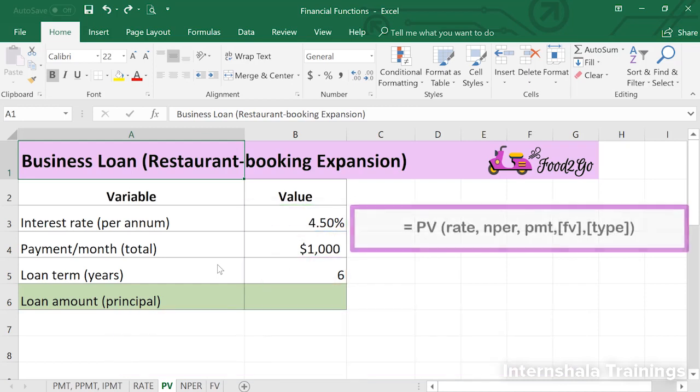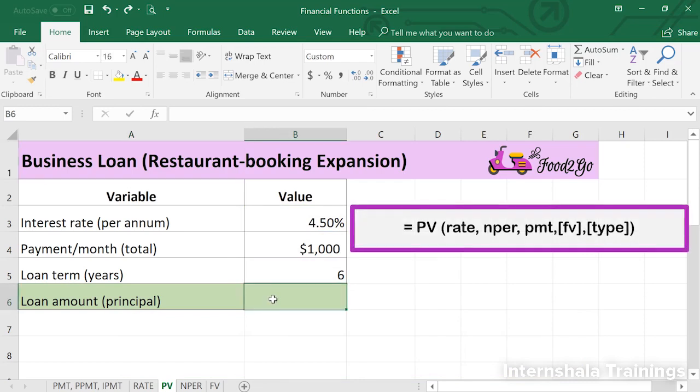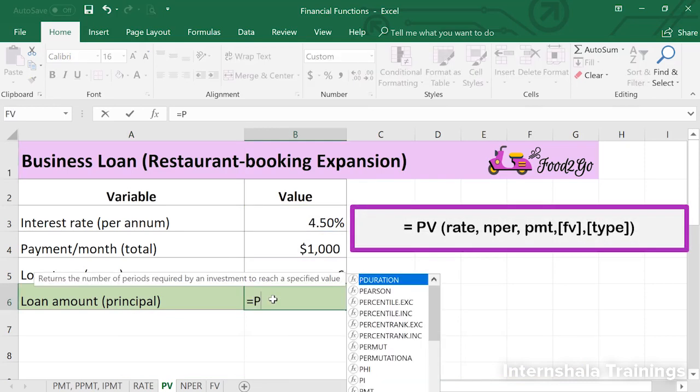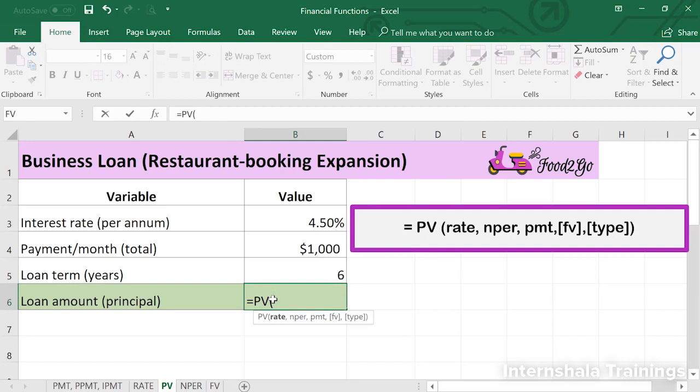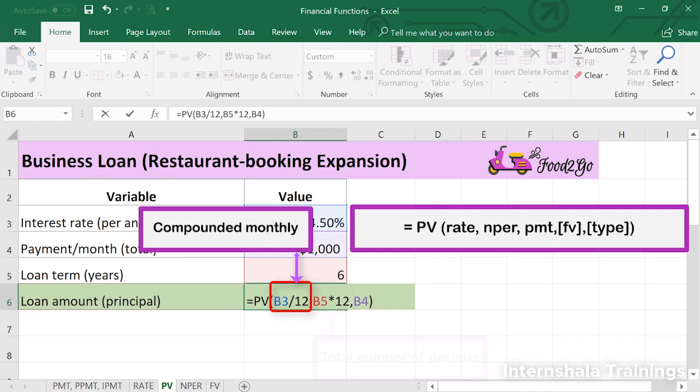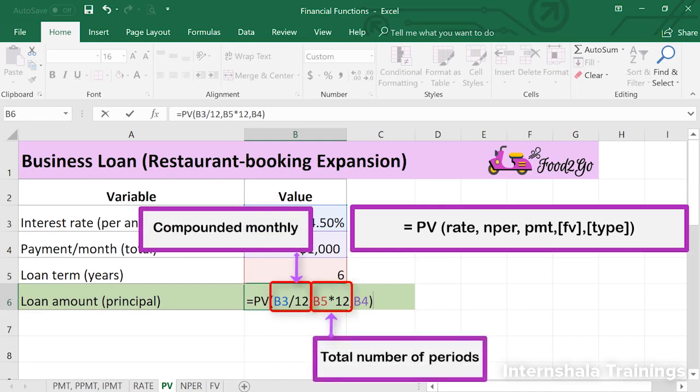Just like we plugged in the respective input values for other financial functions, PV is no different. Let's go ahead and do this. Now don't forget to divide the interest rate by 12 and multiply the number of periods by 12.